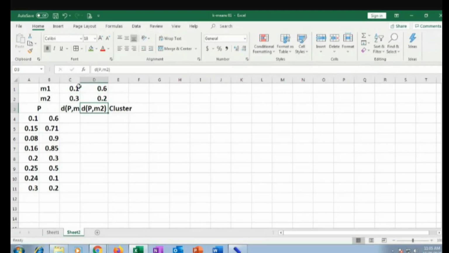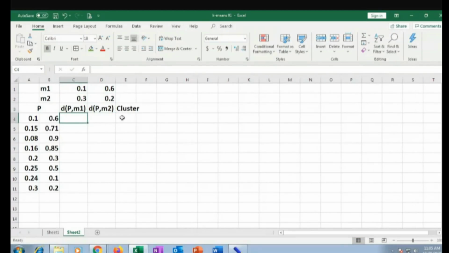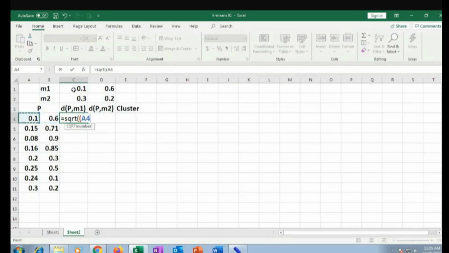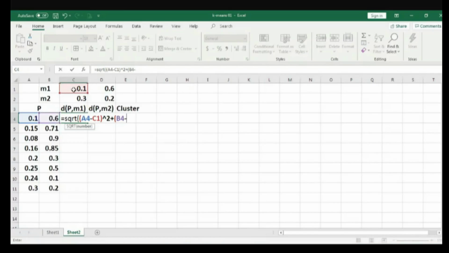So the distance of this with M1 is equal to the square root of this minus this raised to 2, plus this minus this raised to 2.